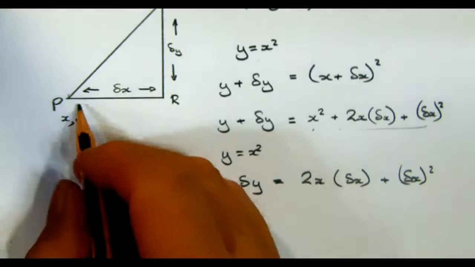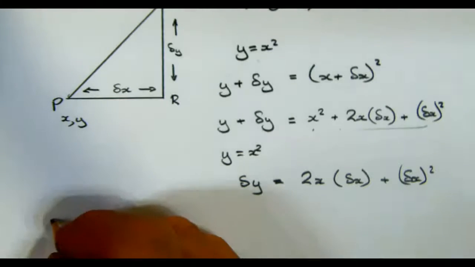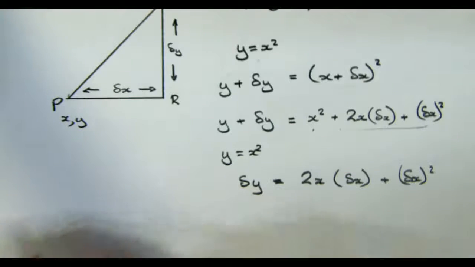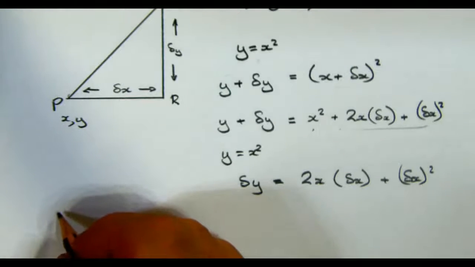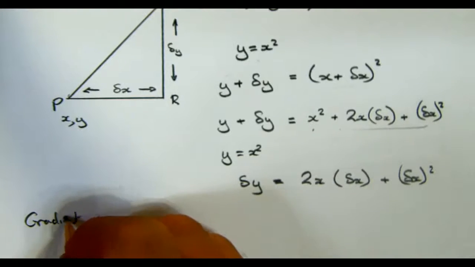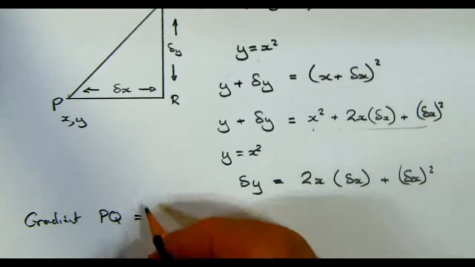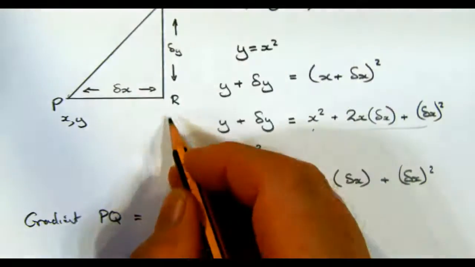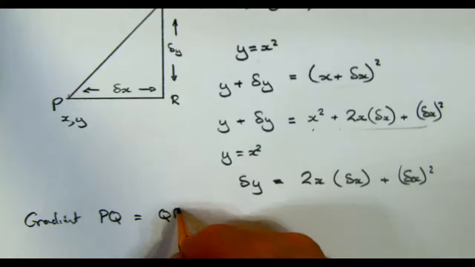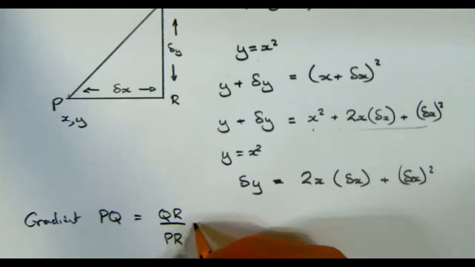I want to work out the gradient of PQ. That's what we're after with this problem. So let's take our gradient of PQ, which we know is the rise over the run. That's going to be QR divided by PR.